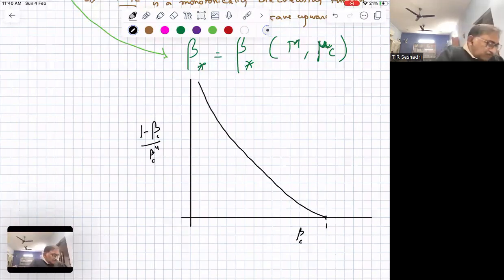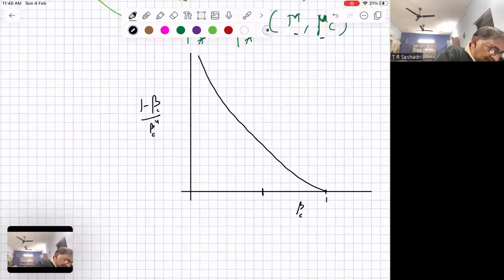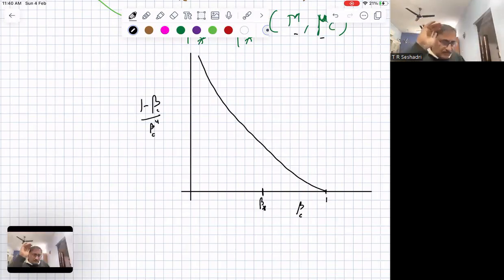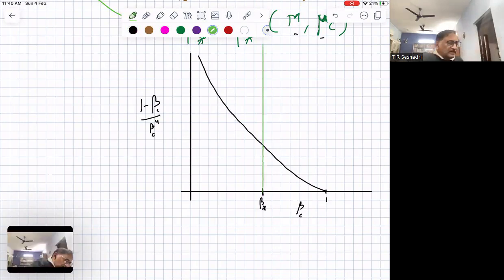Now for a given mass and mu c, I can actually say I have this beta star. Is it all right? Yes. And now what I do is I draw a vertical line over here. Then this quantity out here is nothing else but (1 minus beta star) by beta star to the power 4. Is it okay? Yes.